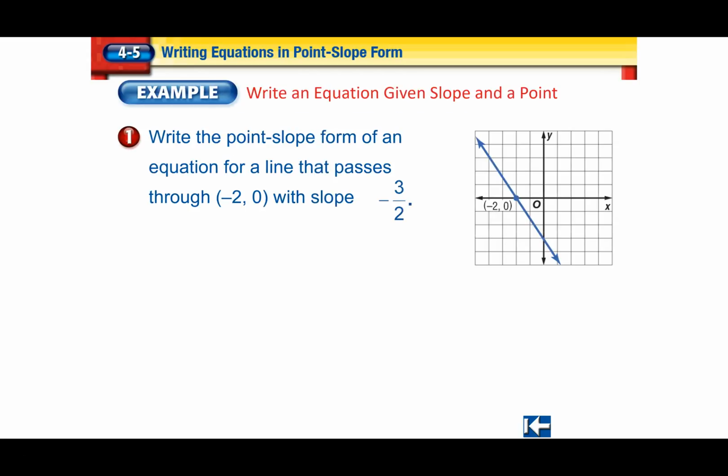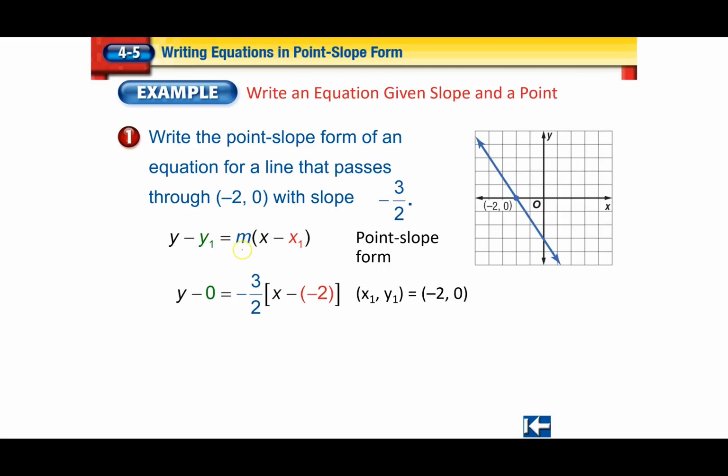All right, write an equation given a slope and a point. Write the point-slope form of an equation for a line that passes through (-2, 0) and has a slope of -3/2. So we take our point-slope form and we punch all the numbers in. We substitute in the slope that they gave us, and we put x over here and y over here.